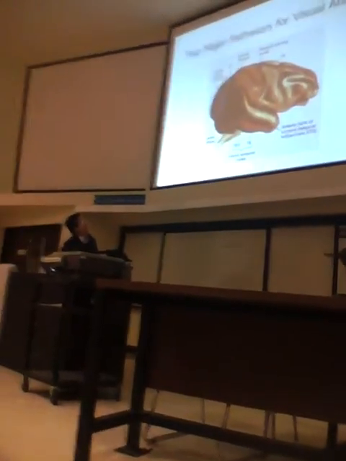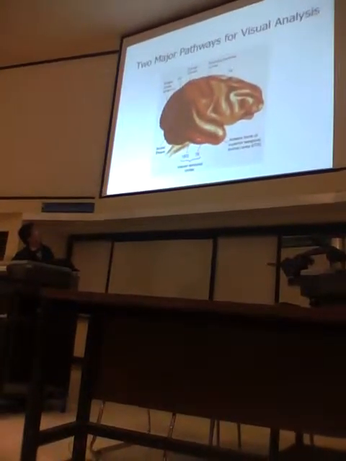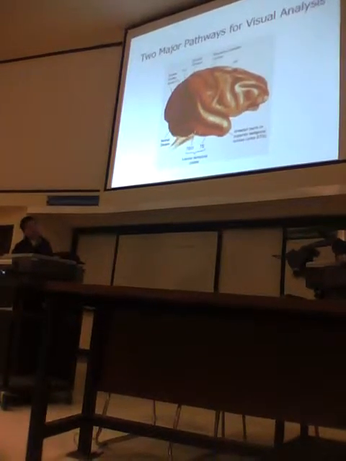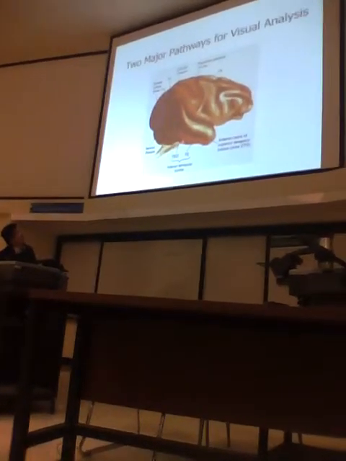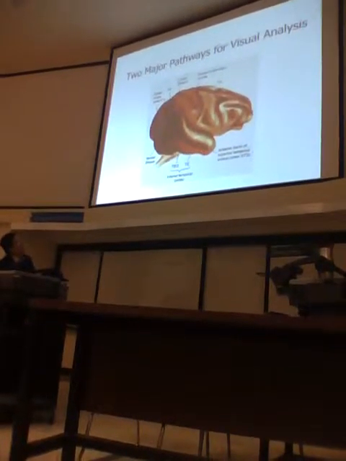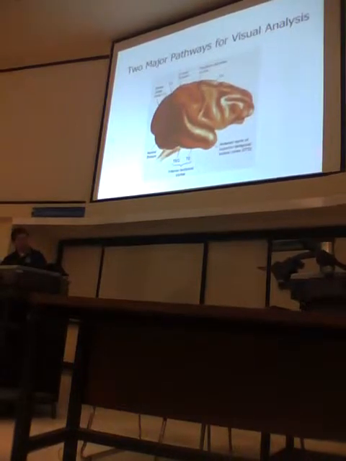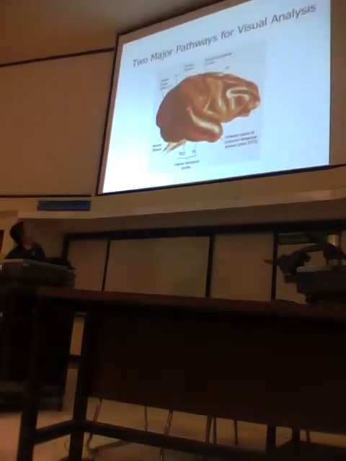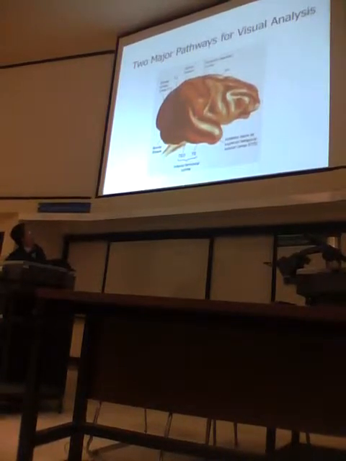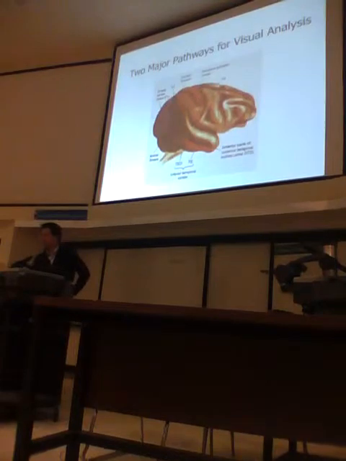There's a dorsal pathway and a ventral pathway that terminates in the temporal lobe, particularly the inferior temporal lobe, which is this strip right here. This is superior temporal lobe. That's inferior temporal lobe. So there's a dorsal and a ventral pathway. V4 is about here, deep within the cortex. V2 is here, and V5 is way in here, tucked in. It's a tiny structure.